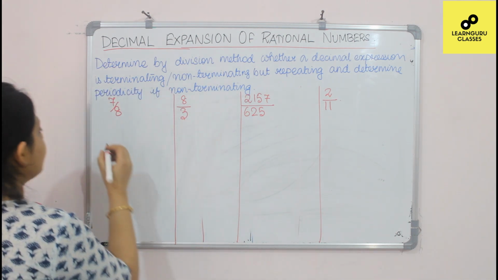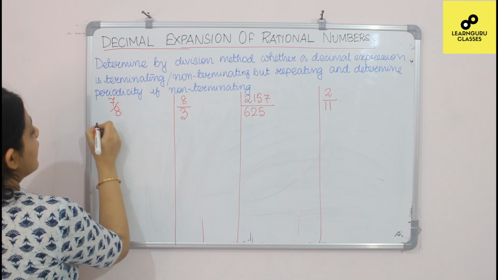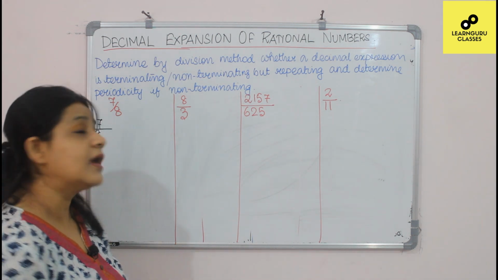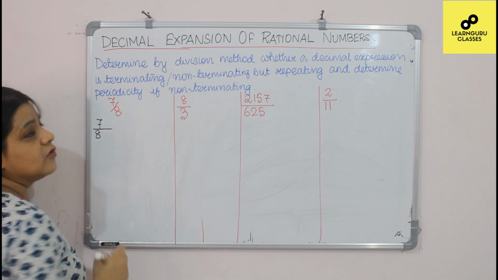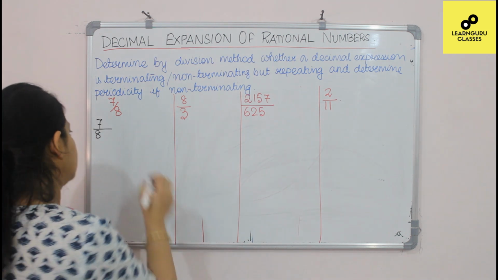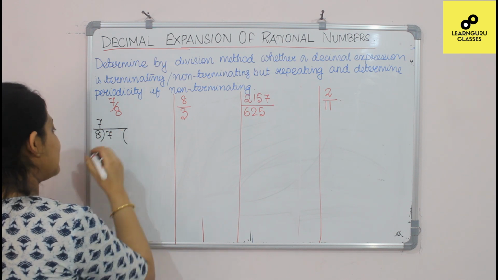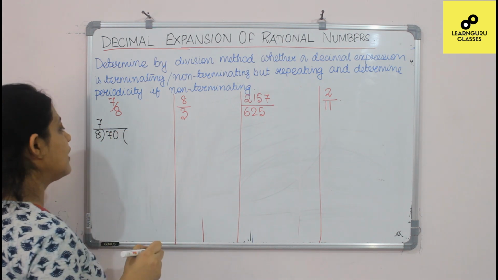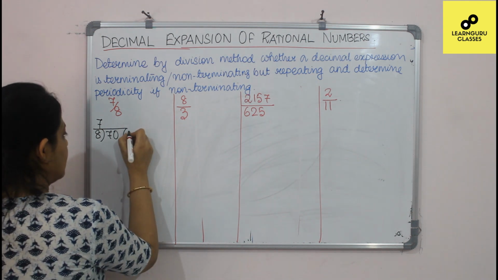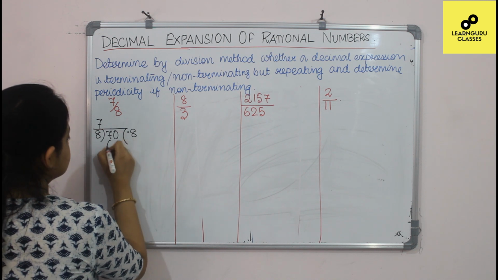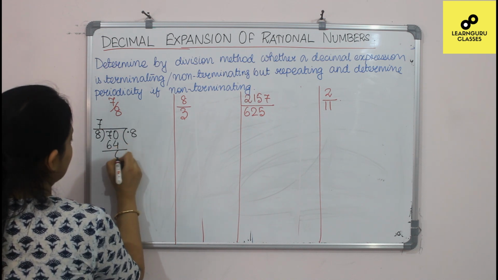First is 7 by 8. To convert it into an equivalent decimal expansion, you divide the numerator by the denominator. 7 divided by 8: 7 is less than 8, so you put a 0 and a decimal point. 8 eights are 64, so you get remainder 6.